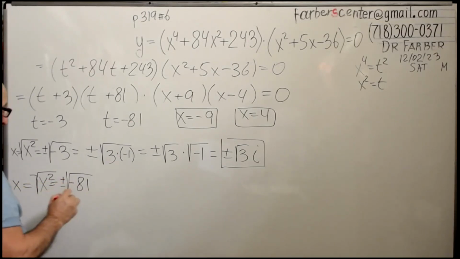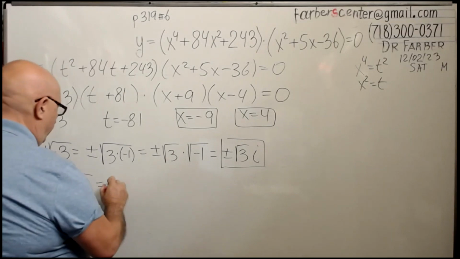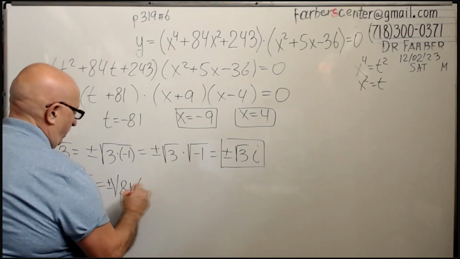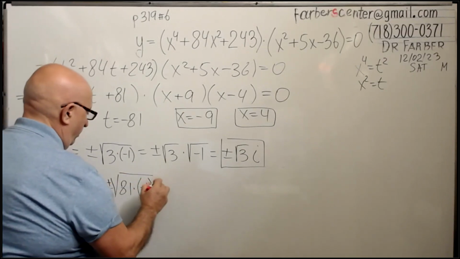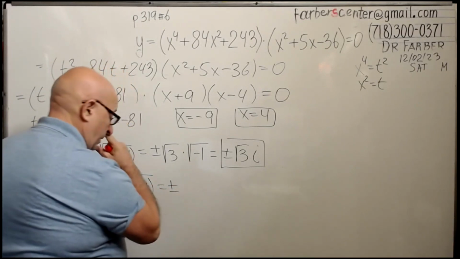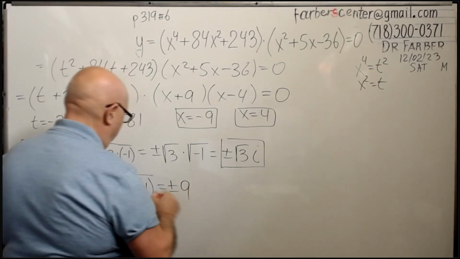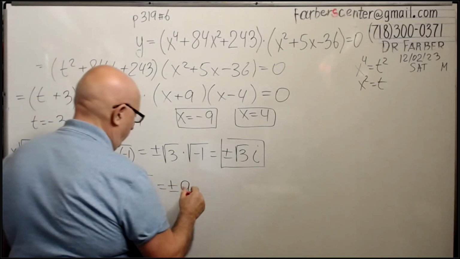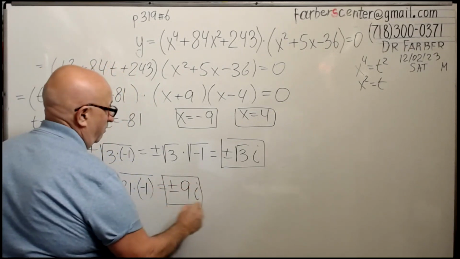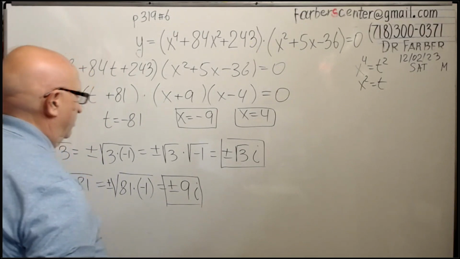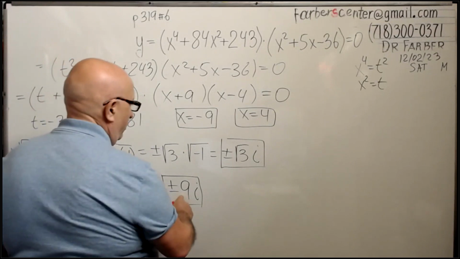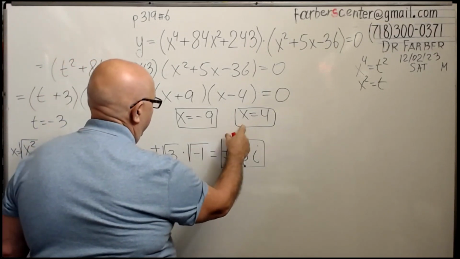This is plus minus square root of 81 times negative 1, which is plus minus 9, since the square root of 81 is 9. The square root of negative 1 is i. And this guy. We have actually how many roots here? We have 2, 4, 5, 6.